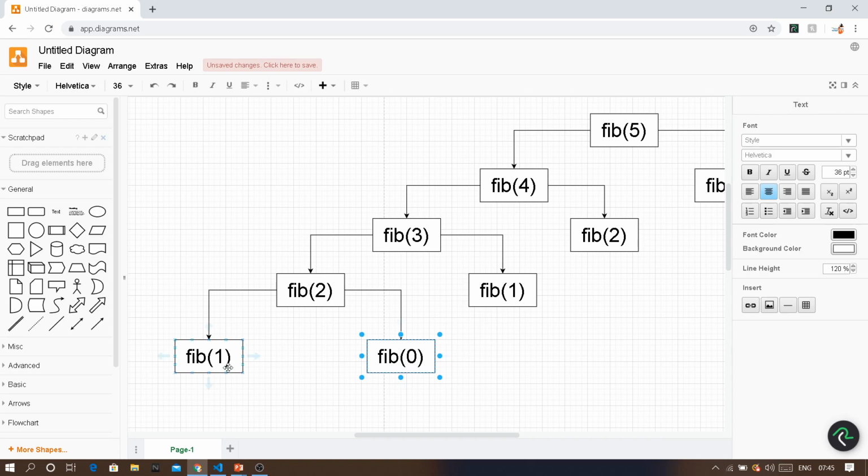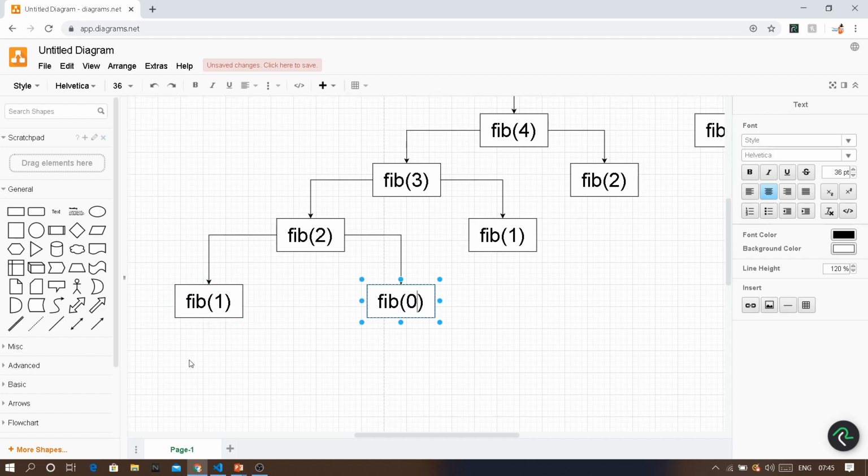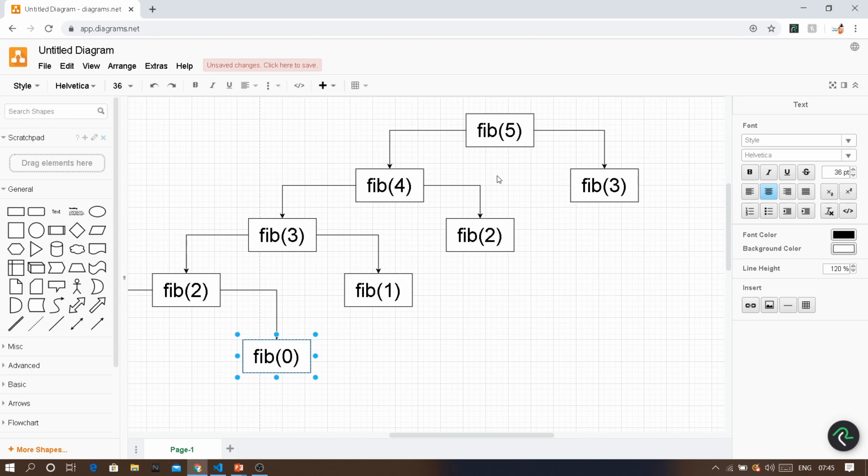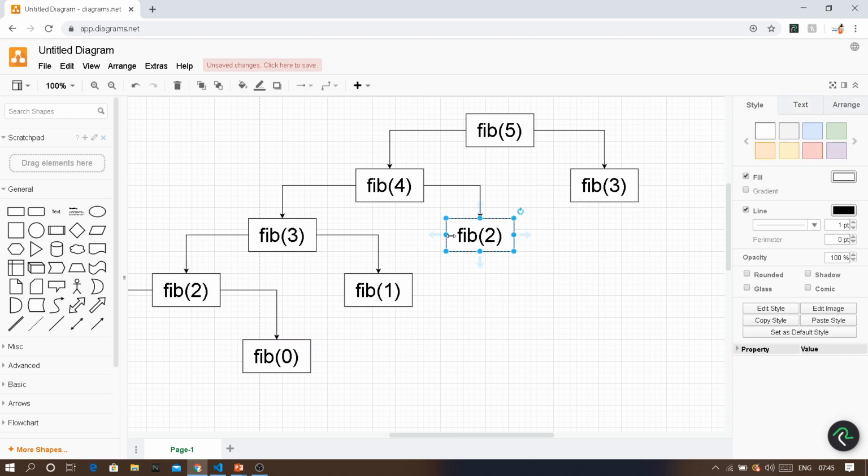Adding Fibonacci of 1 and Fibonacci of 0: Fibonacci of 1 is 1 and Fibonacci of 0 is 0. But before computing the answer, we will first completely expand the tree. On the other side, you have Fibonacci of 3 and Fibonacci of 2. Fibonacci of 2 can be expanded on the left side as well as the right side.